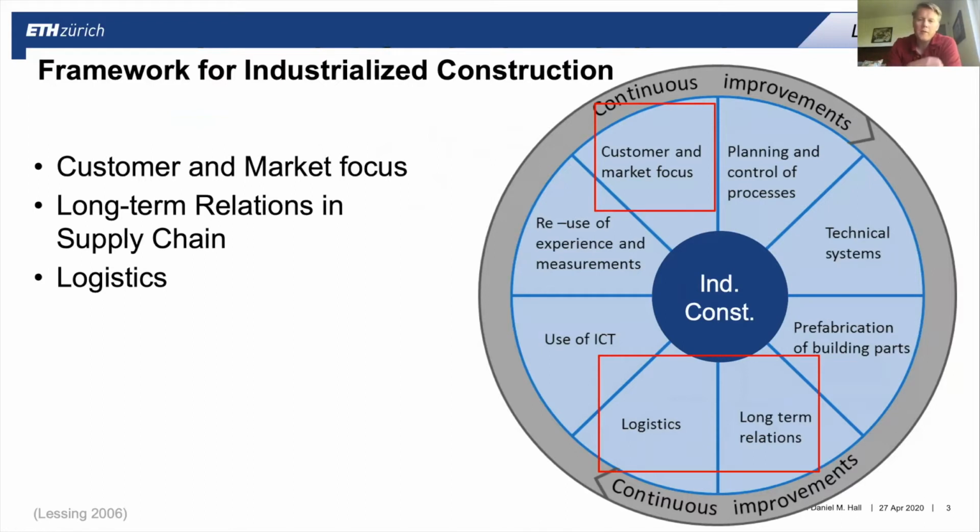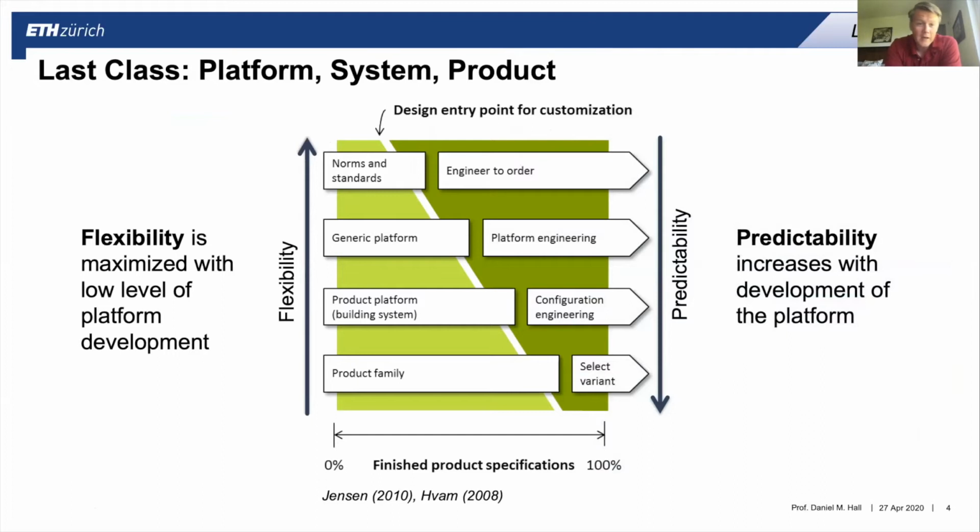And if you remember from 3 weeks ago now, we talked about platforms, systems, and products. And we talked about the ability to look at design entry points for customization and understand how you set up your production system impacts the choices that your customer will be able to have.